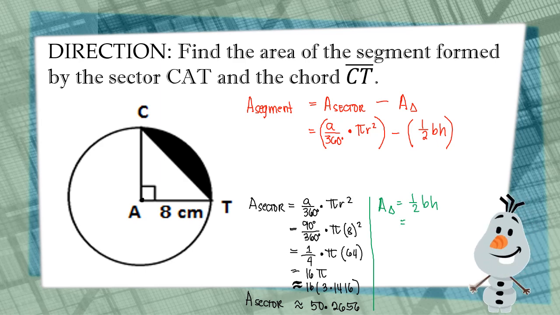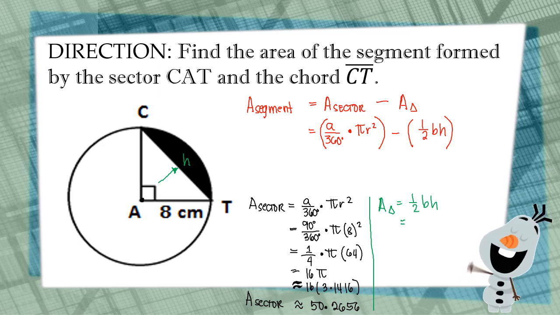Here we all know that the segment opposite the 90-degree angle is always considered our hypotenuse. Therefore, the remaining two legs would be our base and our height. So let's say this would be our base, this would be our height.